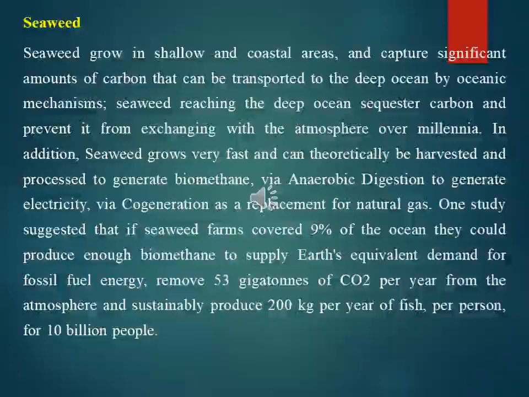One study suggested that if seaweed farms covered 9% of the ocean, they could produce enough biomethane to supply Earth's equivalent demand for fossil fuel energy, remove 53 gigatons of carbon dioxide per year from the atmosphere and sustainably produce 200 kilograms per year of fish per person for 10 billion people.